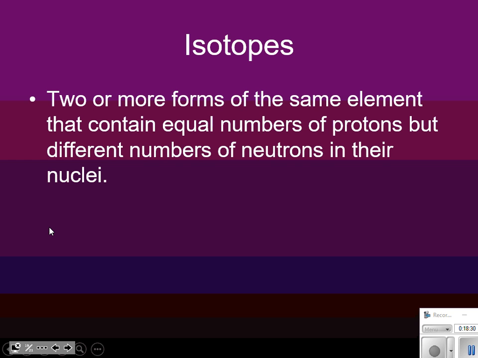Remember we said that each element had its own amount of protons. So, we talked about hydrogen in the video. Okay? Hydrogen has 1 proton. However, we have 3 different isotopes for hydrogen. Okay? And it varied based on the number of neutrons.